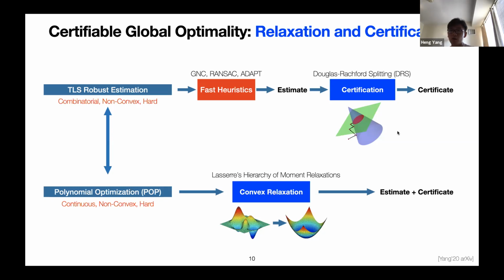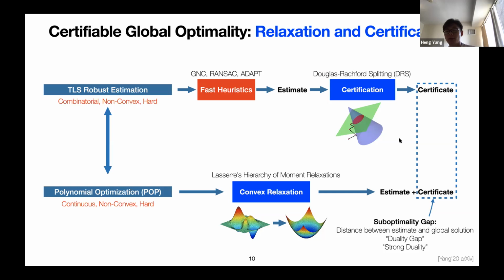What I'm going to stress here is that the certificate is a suboptimality gap, which tells you the distance between your estimate and the global optimal solution. And back to Anders' talk, this gap is also the duality gap. When the gap is 0, we say that this problem has strong duality.